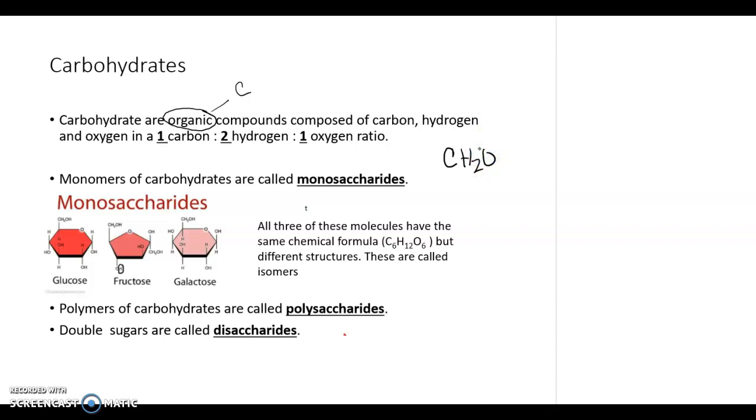The building blocks of carbohydrates are the monomers, mono being 1 or single. The monomers of carbohydrates are called monosaccharides, mono being 1, and saccharide being sugar. So 1 sugar is a monosaccharide, or a monomer of a carbohydrate, a larger molecule.